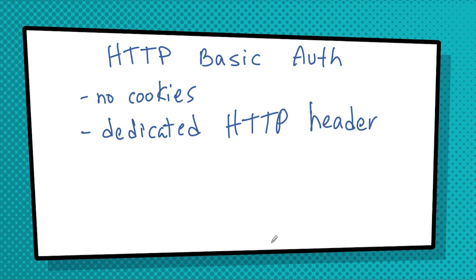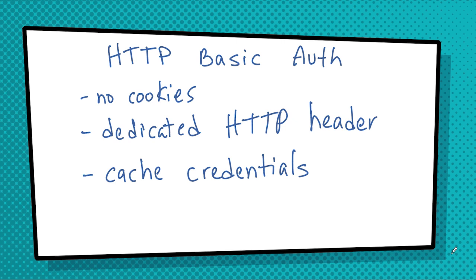That requires the client, your browser, to cache the credentials for a period of time. Otherwise, the user will be prompted to log in repeatedly, every time. Now, since the credentials are basically transmitted in the clear, that's when you have to pair it up with SSL and TLS, right?